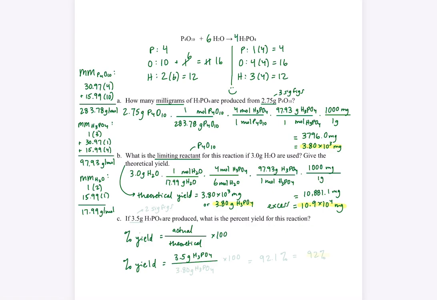And we know our theoretical value above is 3.80 grams H3PO4, times 100 gives us 92.1%, but part C gives us only 2 sig figs. So let's report this as 92%. And there you go.